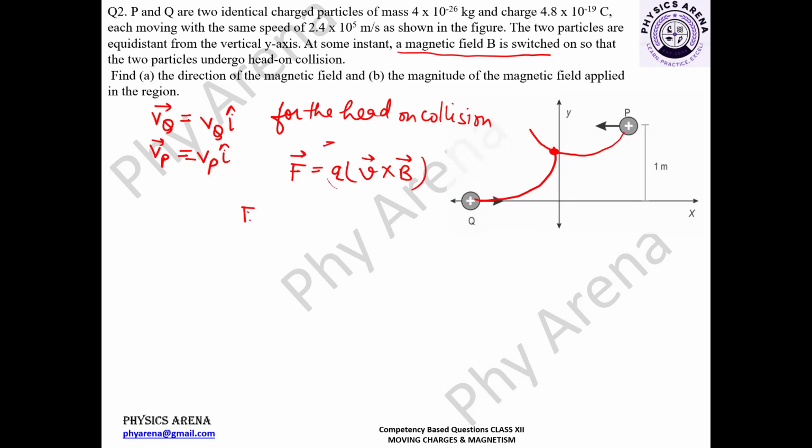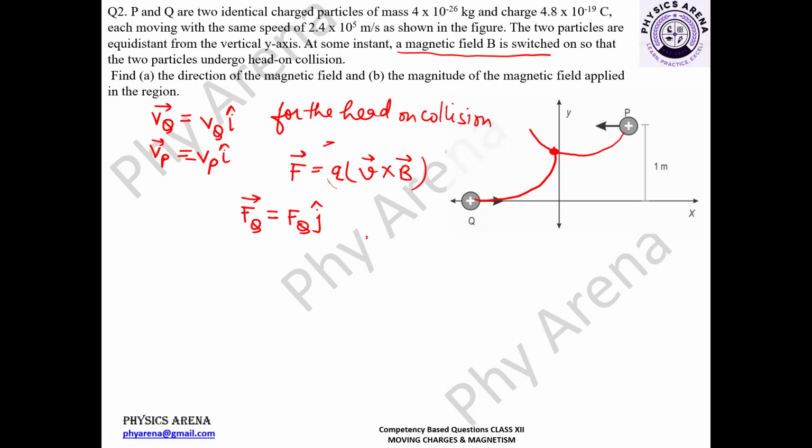So F Q vector, the force on charge particle Q, is magnitude of FQ multiplied by J cap, as the charge particle Q is moving in the upward direction. So this equation will be in such a way that the cross product of the velocity of the charge particle Q along with the magnetic field has to give us J cap.